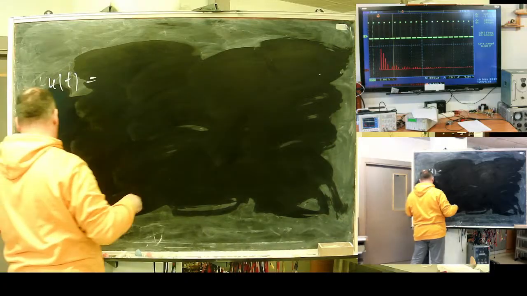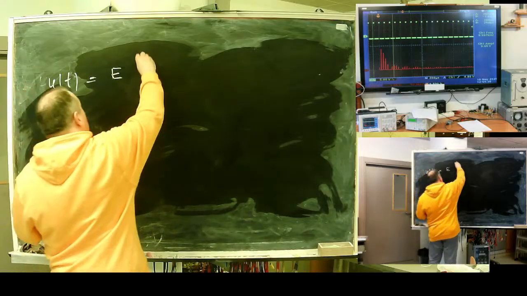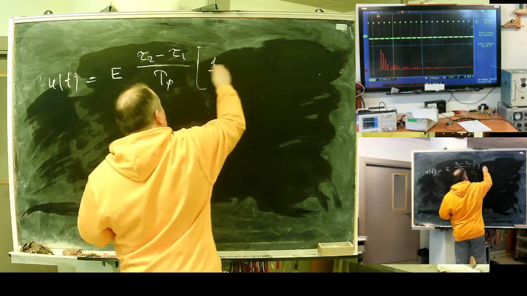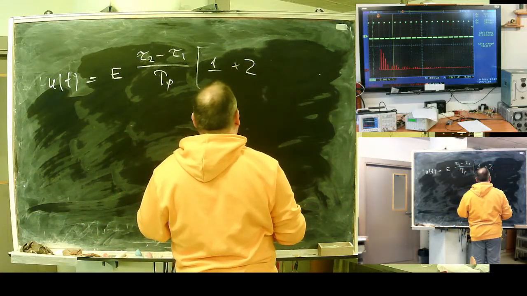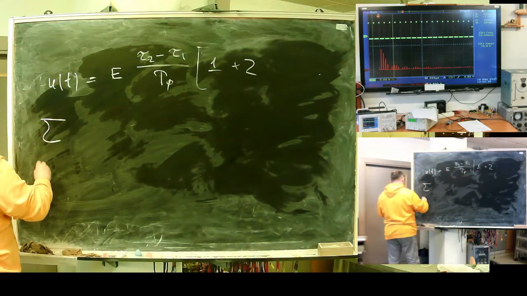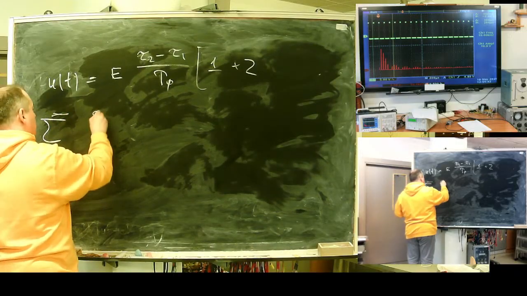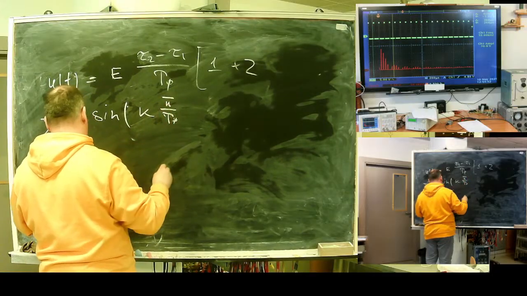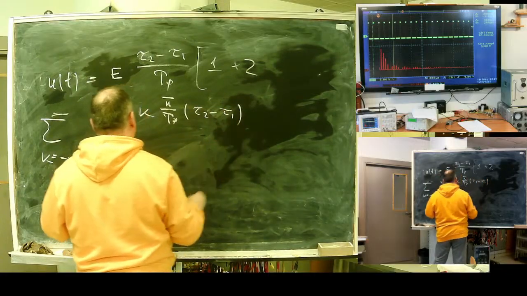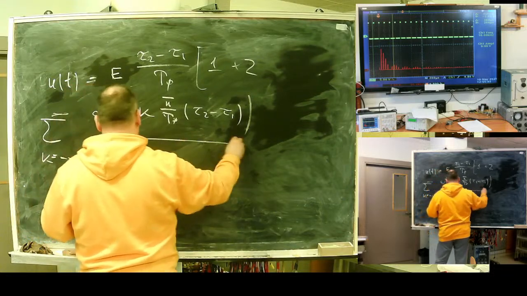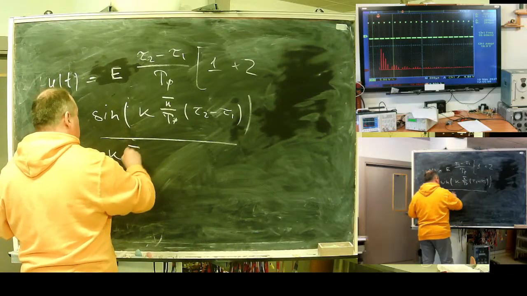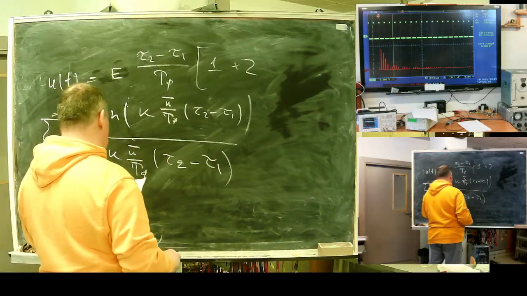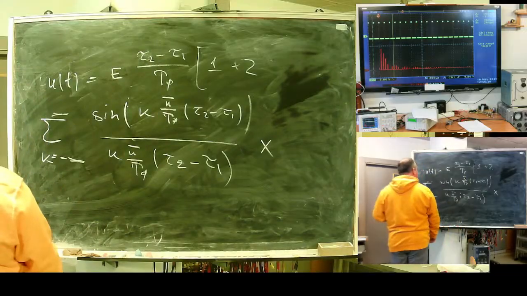So I can substitute my signal with E, this is tau divided by T0 multiplied by 1 plus 2 sum k from minus infinity to infinity, sine of kπ divided by T0 times (tau 2 minus tau 1), divided by kπ divided by T0 times (tau 2 minus tau 1), and this is the first part, multiplication.